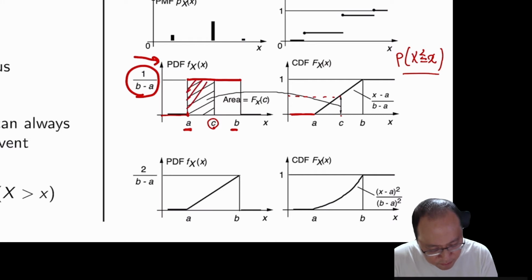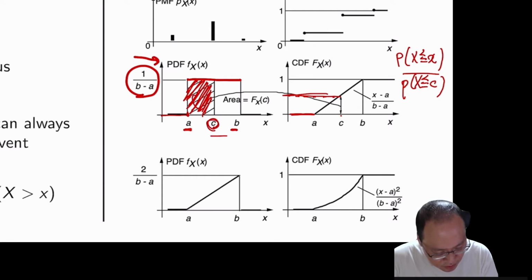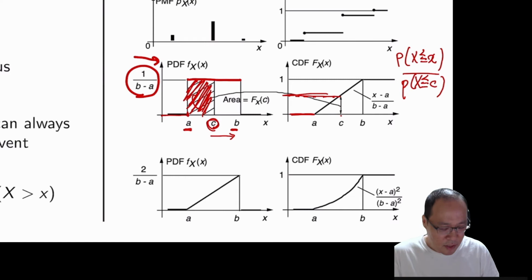That is the area of this region, right? Because we need to compute the probability that X is less than C. So the area of this region is the function value. When we increase C to the right, the area should increase linearly. That's why the CDF should increase linearly. And finally, we will reach 1, and after that it stays at 1.